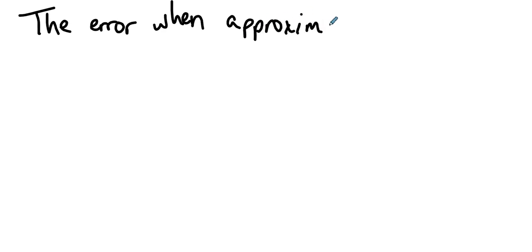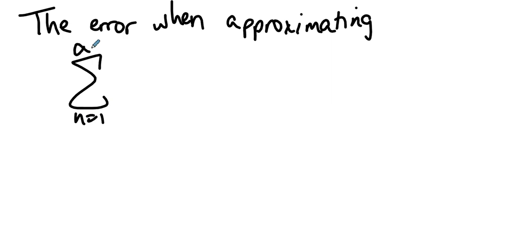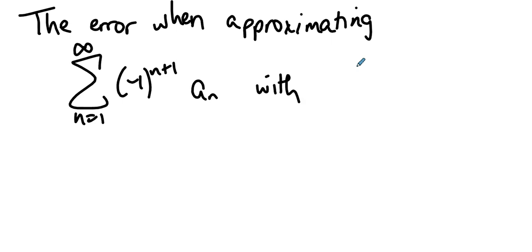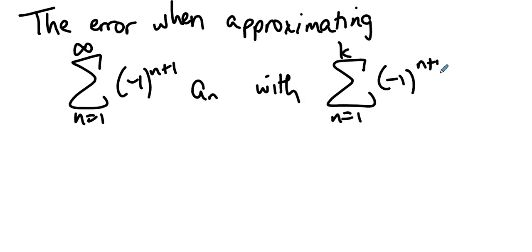And the key thing to take away from this screencast is that the error when approximating the infinite sum with the finite sum. Let's just be clear. This has infinitely many terms. This has finitely many terms. Here we only write out k of the terms.